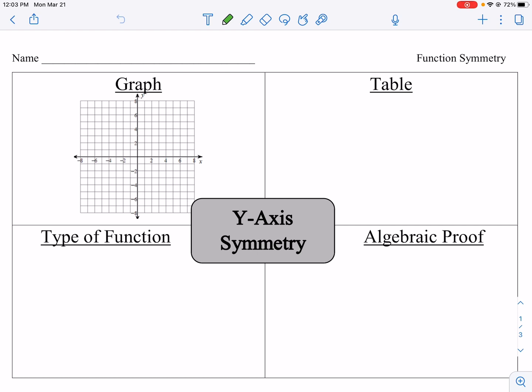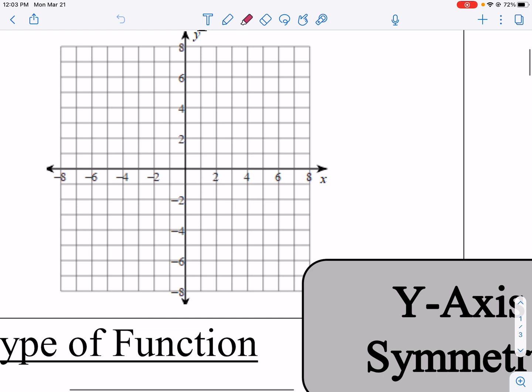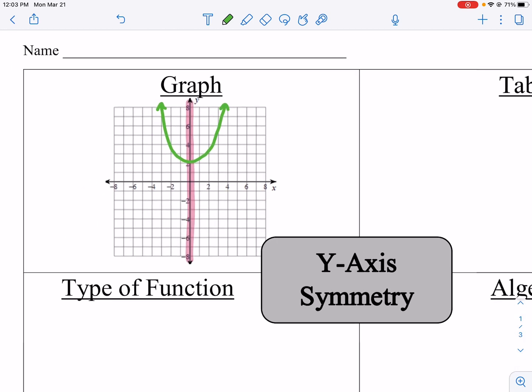So if you think about y-axis symmetry, essentially, just to remind you that the y-axis is this line. That's terrible tracing. This line right here. Okay, so something that has y-axis symmetry, and they could all look different, but essentially could look like its most basic example of a quadratic, something like a parabola, right?